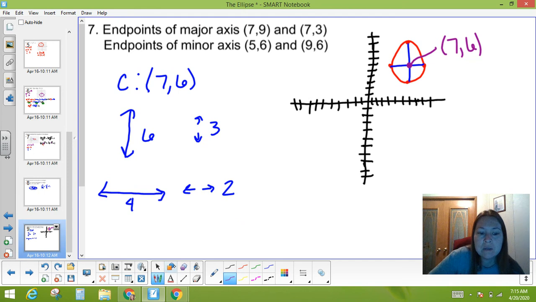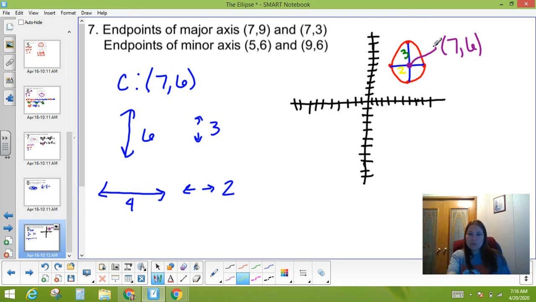Okay, and then we know that the distance that we traveled up or down should have been the same, but again, it's my tick mark, so whatever. 1, 2, 3 is 3. And then the distance that we went left to right is 1, 2.